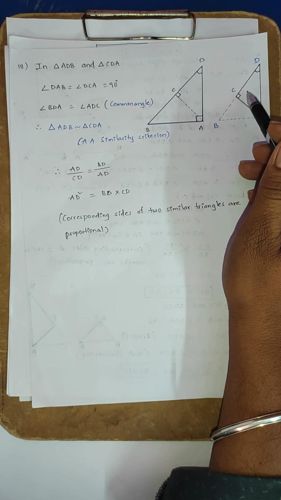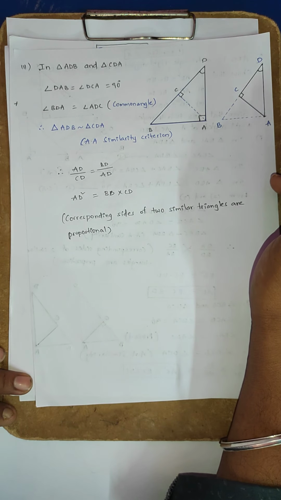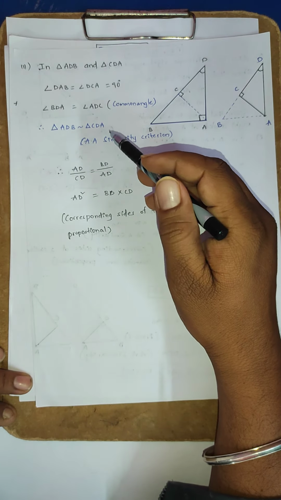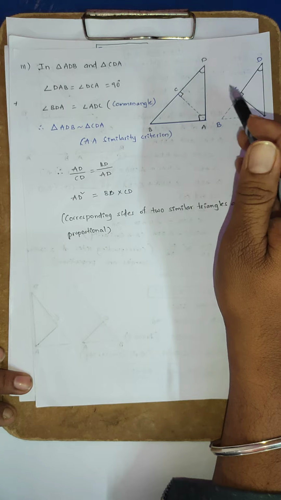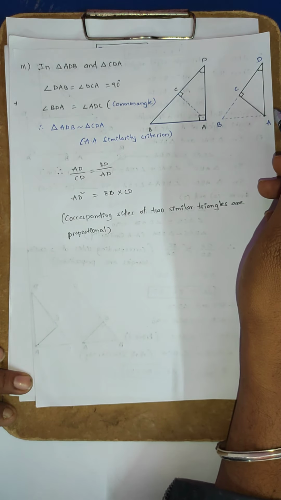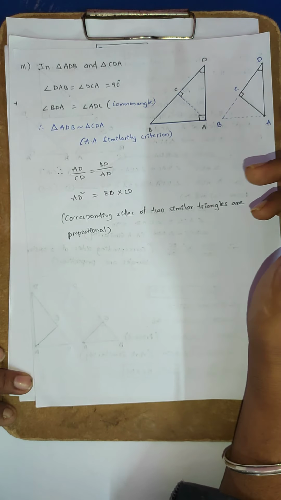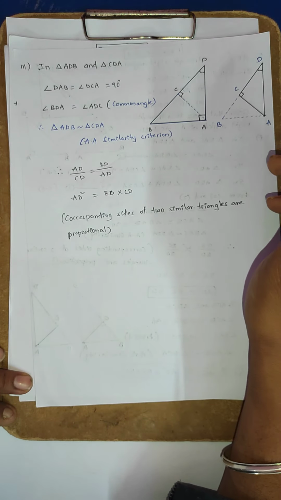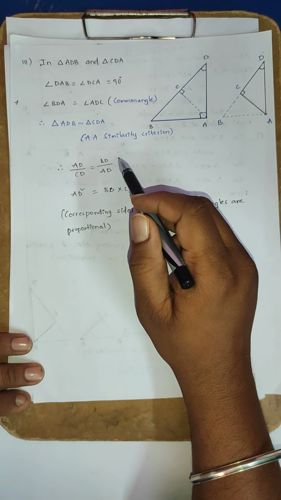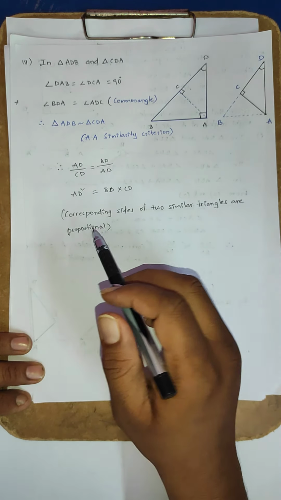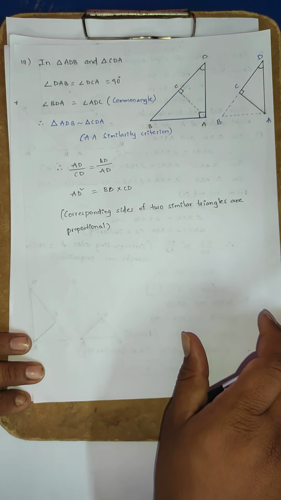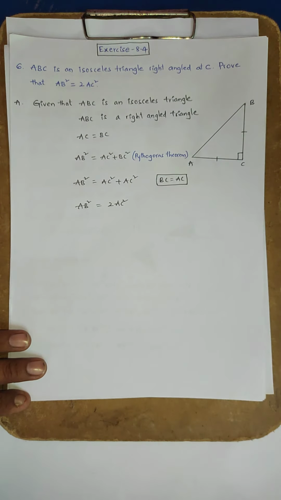If two angles are equal, then automatically the third angle is also equal. So by these rules we can confirm that these two triangles are similar to each other. Then their corresponding sides are in the same ratio. AD by CD is equal to BD by AD. Do the cross multiplication: AD square is equal to BD into CD. I hope you understand the problem.